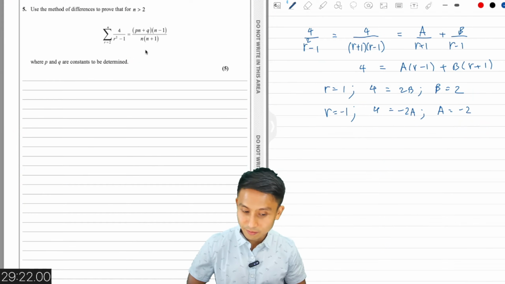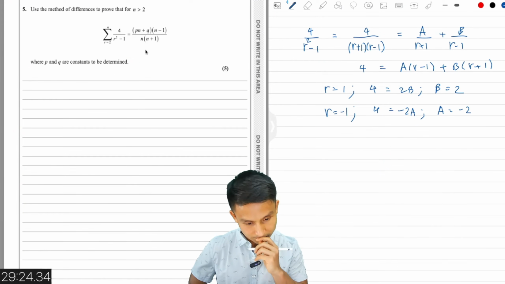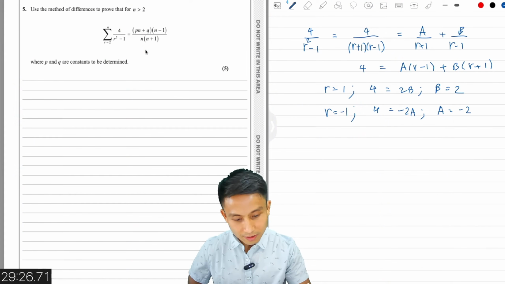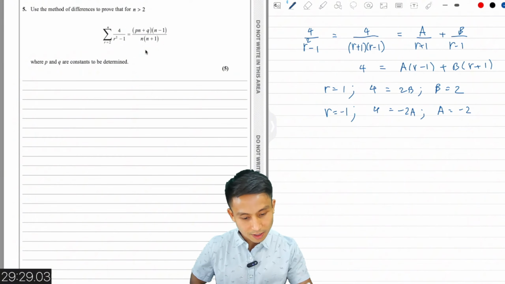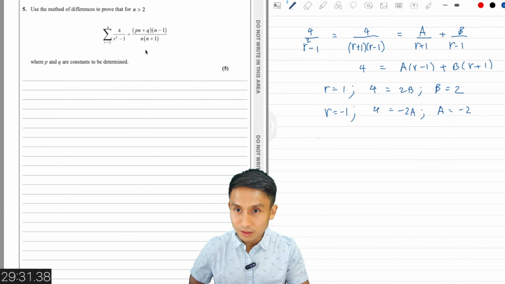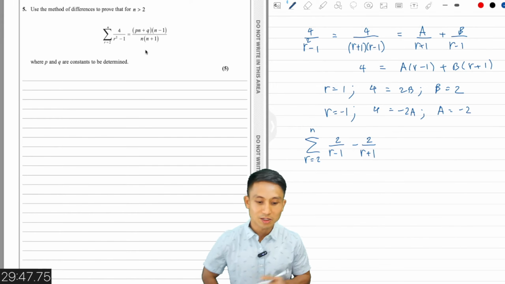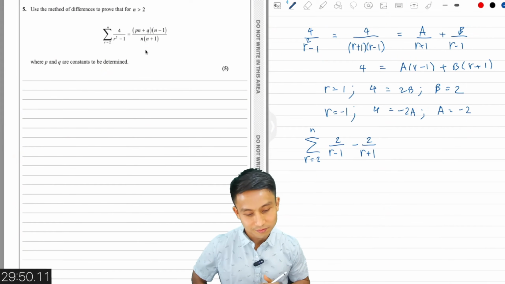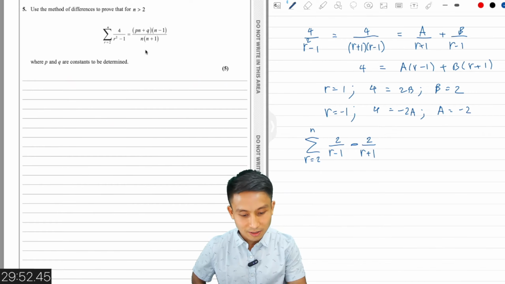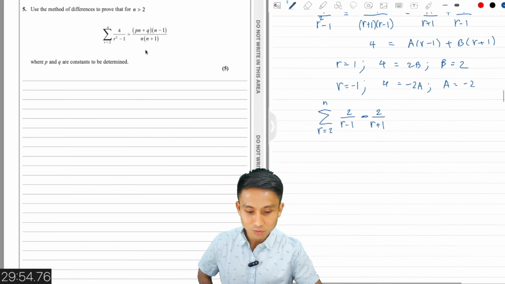I'm just checking. Yeah, so that's fine. So we have that thing now, I gotta be careful with the a and the b here. So the a is minus, so I'm gonna do b first. So b is 2 over r minus 1 plus, this is minus actually, 2 over r plus 1. I just put the a in the second term, because there's a minus there. Okay, and now this would be what?